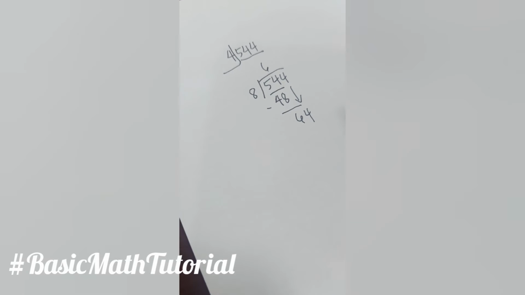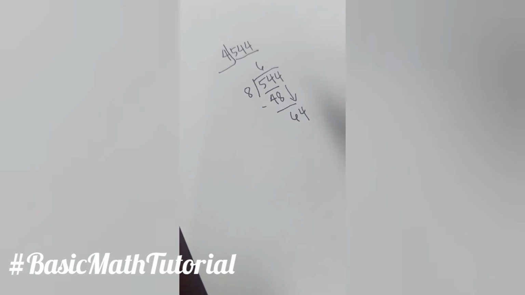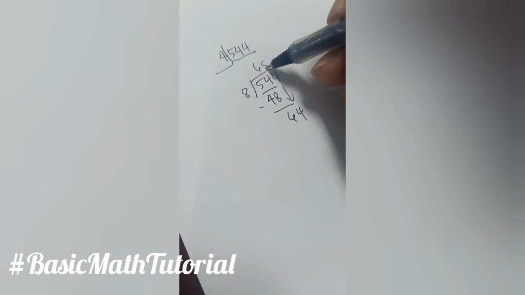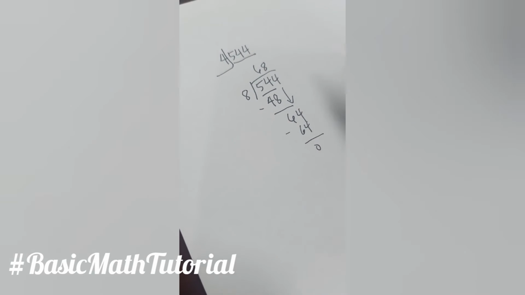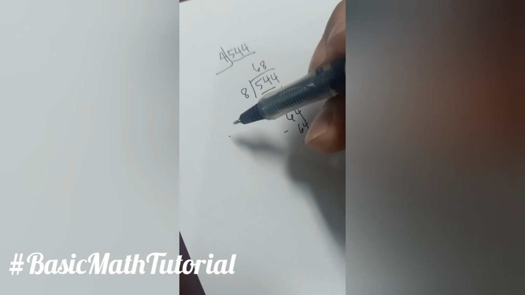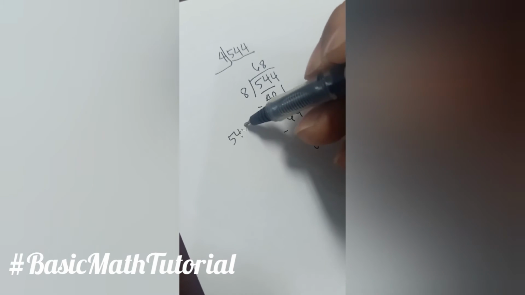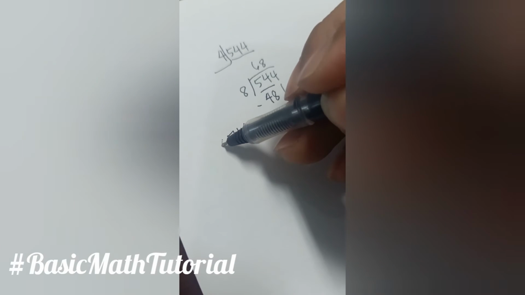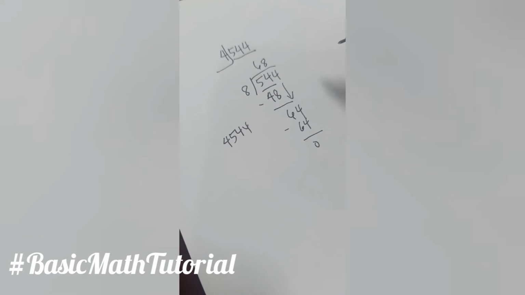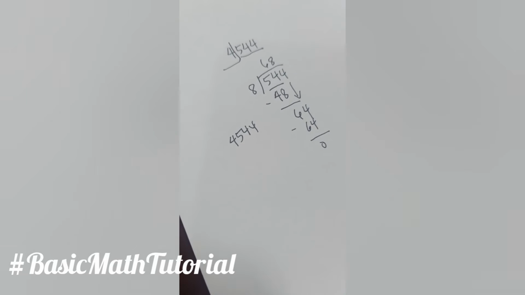So now we have 64 divided by 8. As we all know, that is 8 times 8. So now we will have 8. 8 times 8 is 64. Then that is equal to 0. Meaning to say 544 is a multiple of 8. Which means 4,544 is a multiple of 8.